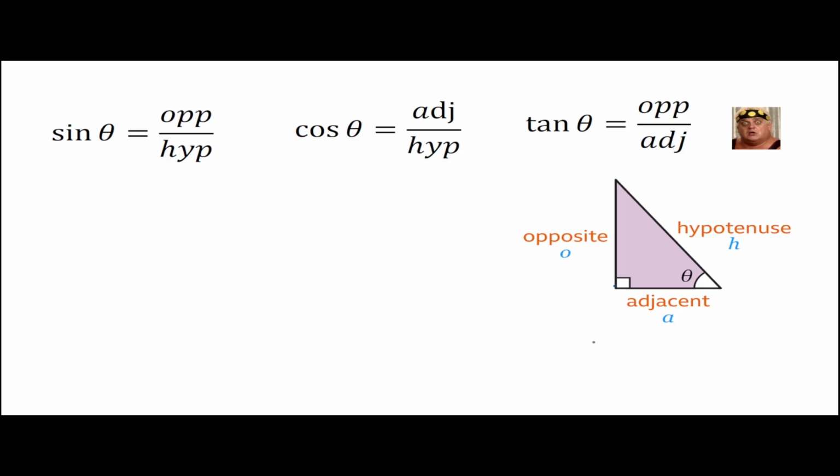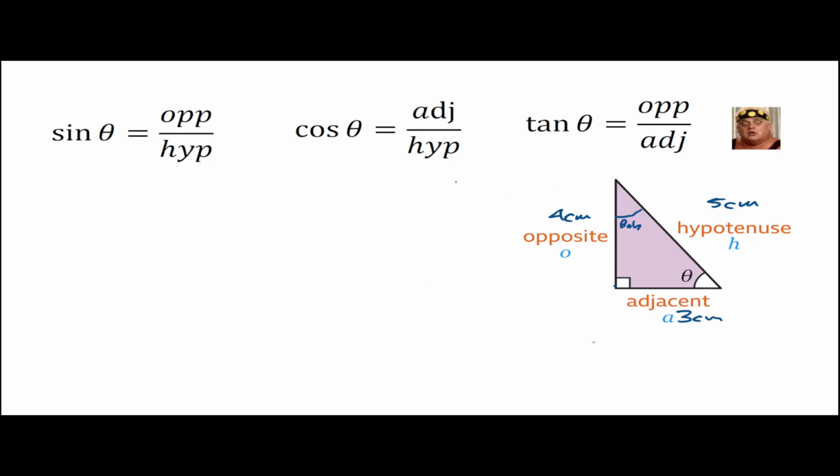Alright, for this one, let's say that this is 3 centimeters, this is 4 centimeters, and this is 5 centimeters. This is the famous 3, 4, 5 right angle triangle. How big is theta, and how big is this other angle? Let's call it Bob.